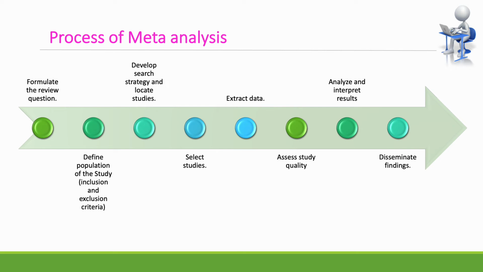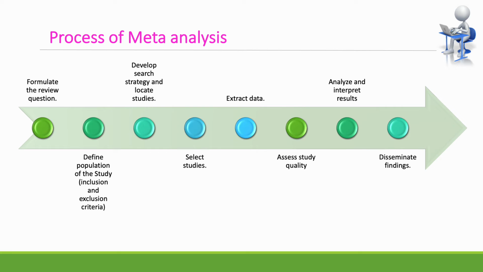This is the process of meta-analysis, which we shall discuss in depth in research methods too. It usually starts with the formulation of the review questions and the inclusion of the studies using the inclusion and exclusion criteria. Then we develop search strategies and locate those studies. We select the studies and extract the needed data from the studies.